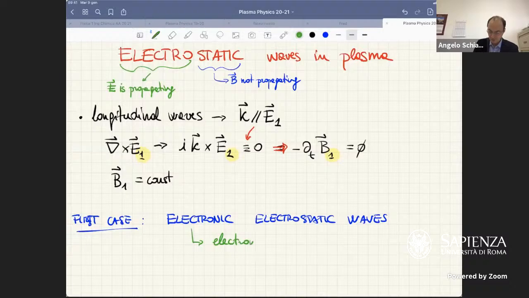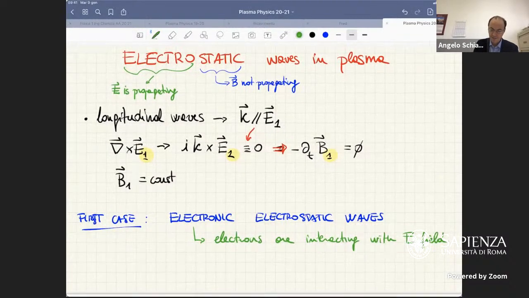Electrons are interacting directly with the E field. Ions are at rest.